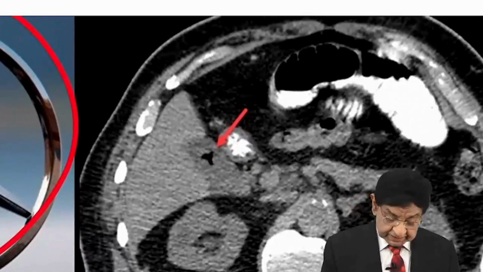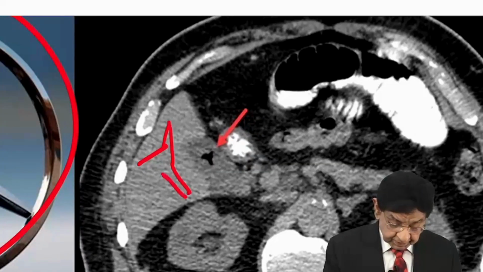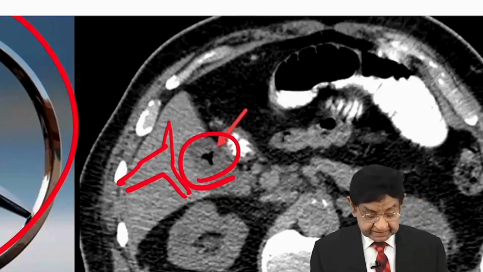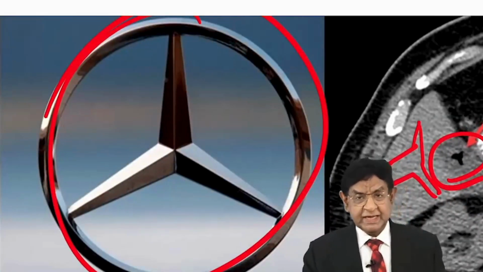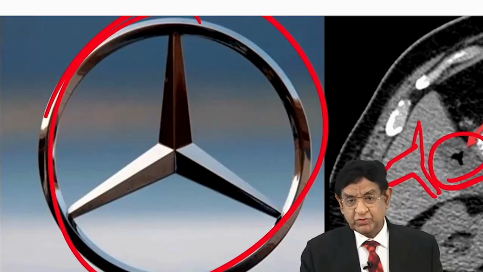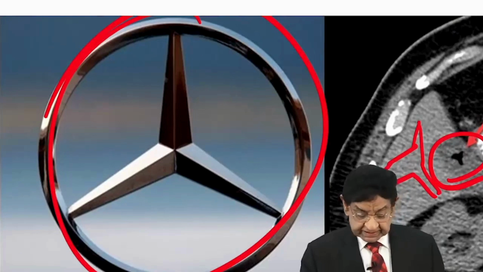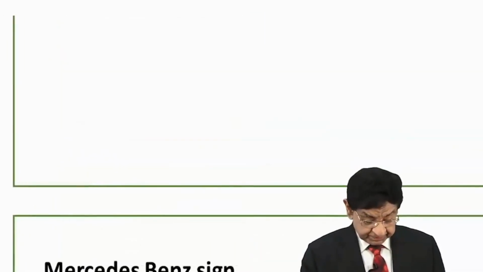What you are seeing here is the so-called Mercedes-Benz sign, like this only. For exam point of view, this is a favorite question of the examiner. This we can see in X-ray, maybe CT also we can see this Mercedes-Benz sign, okay.